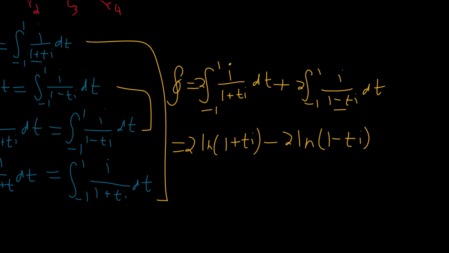Yes, that is correct. Okay. And then all we have to do is evaluate this from -1 to 1. And to do that, we're just going to, essentially, just plug and chug, as they say.